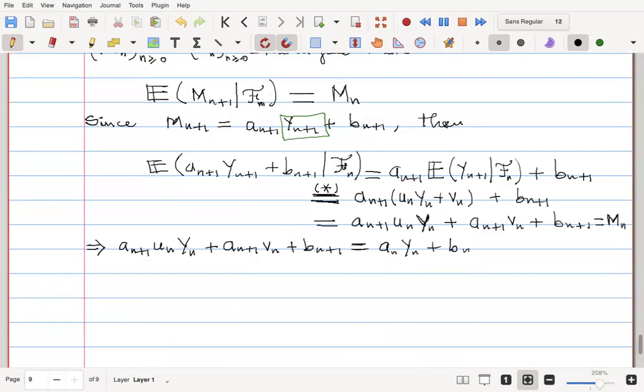Now, if I take everything from the right-hand side and left-hand side and group terms, you can see that we have equality between the two, right?